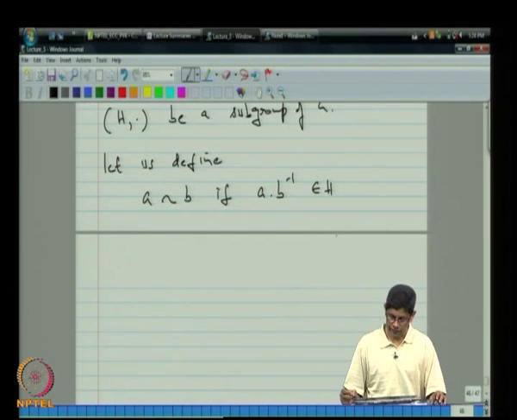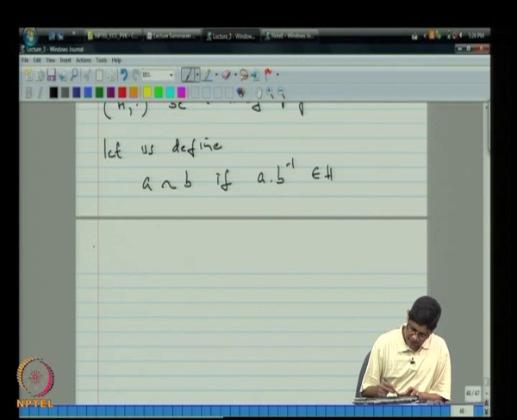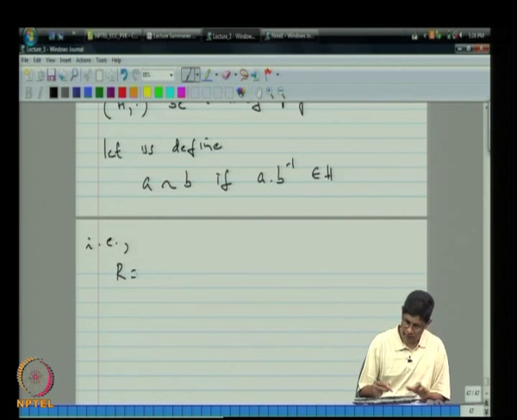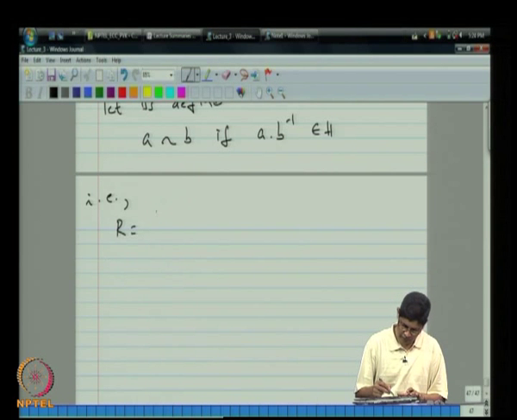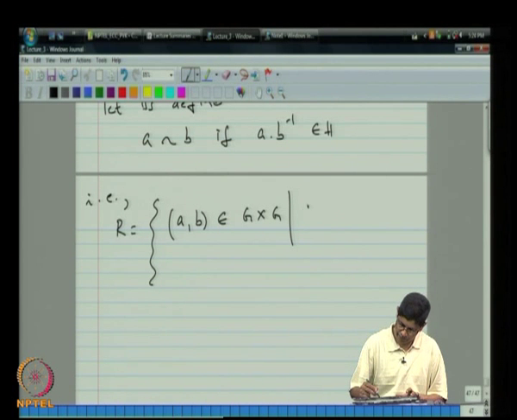Now, in other words, i.e., R is the set of all pairs AB in G cross G such that A times B inverse belongs to H.